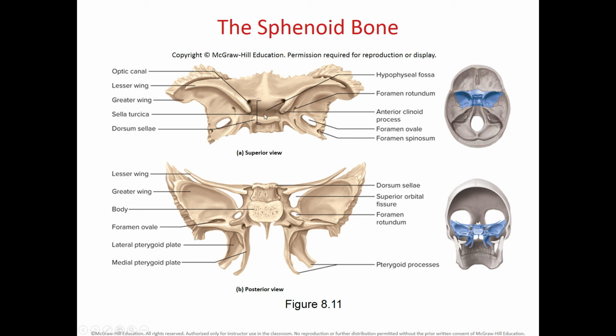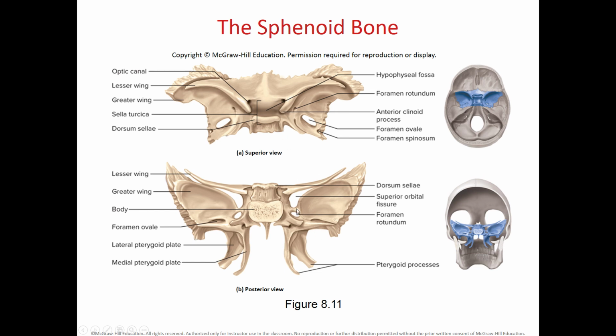And then in here we have the sella turcica. And within the sella turcica we have the hypophyseal fossa, which is the actual one that holds the pituitary gland. And then here we have this optic canal and these anterior clinoid processes.